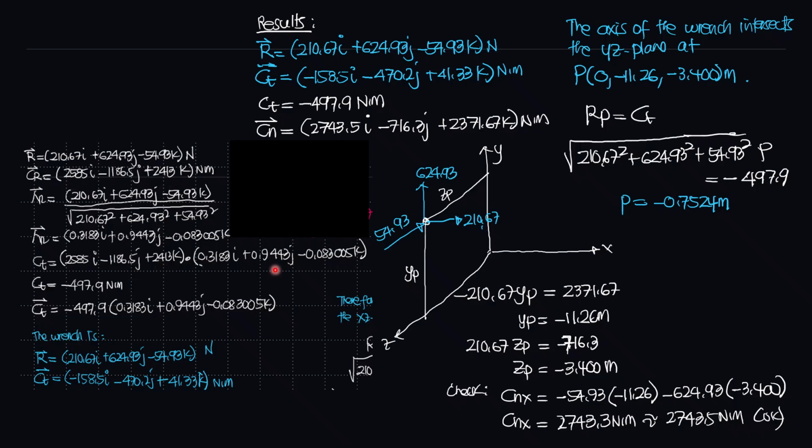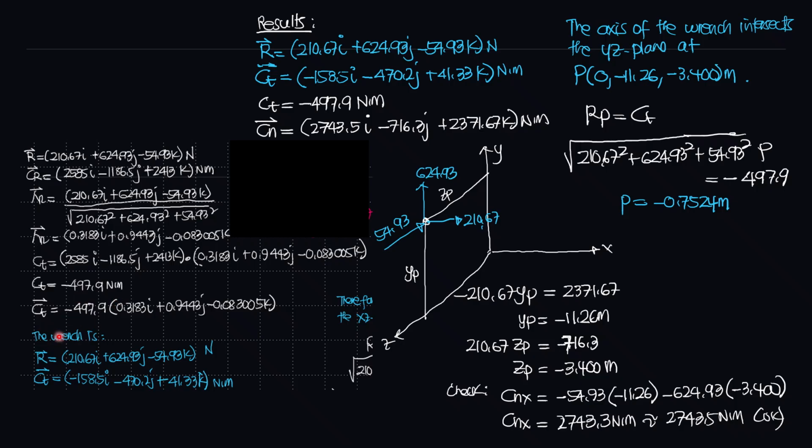The magnitude of the tangential component of the couple is found by dotting the resultant couple with the unit vector of the force. So it is 2585 times 0.3183 plus negative 1186.5 times 0.9443 plus 2413 times negative 0.083005. So the magnitude is equal to negative 497.9 Newton meter.